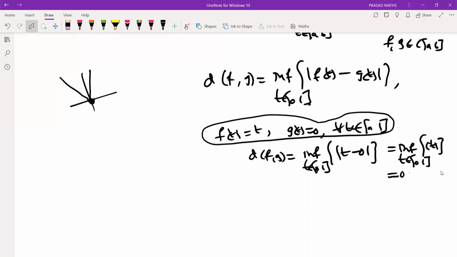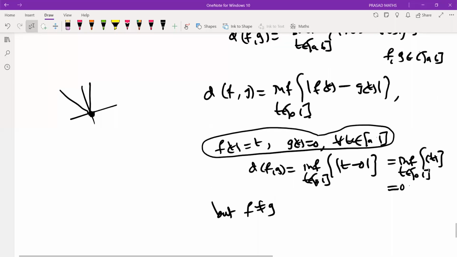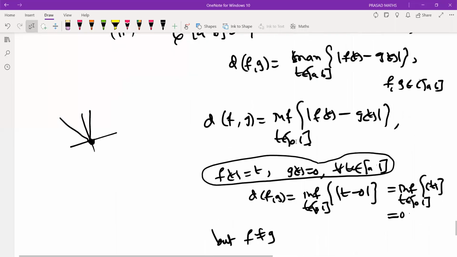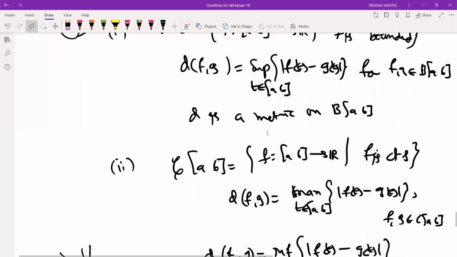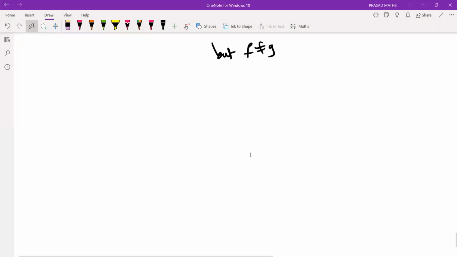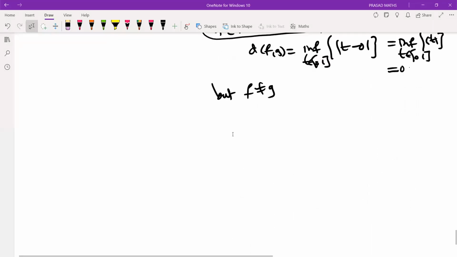They are different at one point. Therefore f is not equal to 0. Why? Because f of 1 is equal to 1, and 0 of 1 is equal to 0. So both are different at a single point. Therefore they are not equal functions. So the infimum may not be a metric. Right? This is about continuous functions. This is bounded functions. So this is about spaces. Space of all functions, functional spaces.